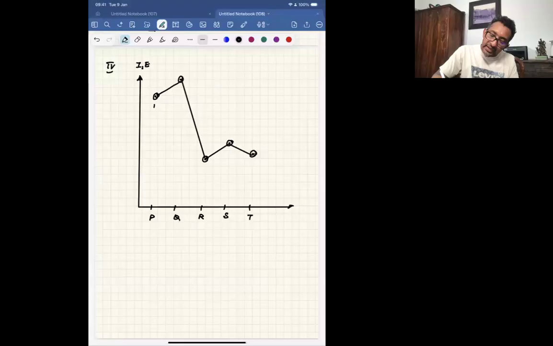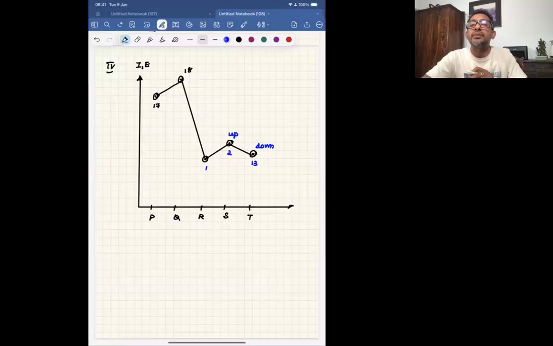This is 17, this is 18. This is group 1, new period, group 1. This is group 2, this is group 3. So this will be up and down. I hope everybody understood that.